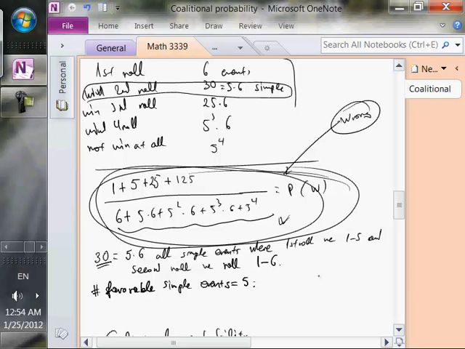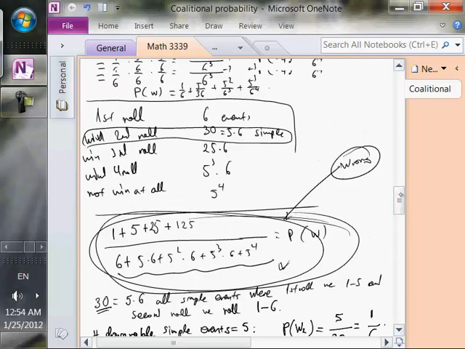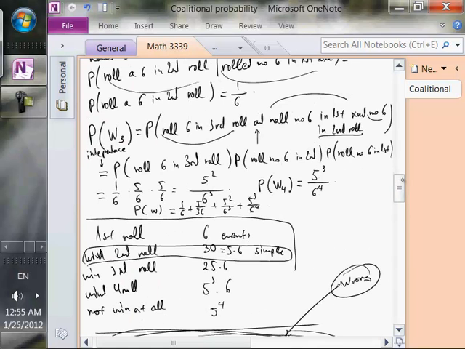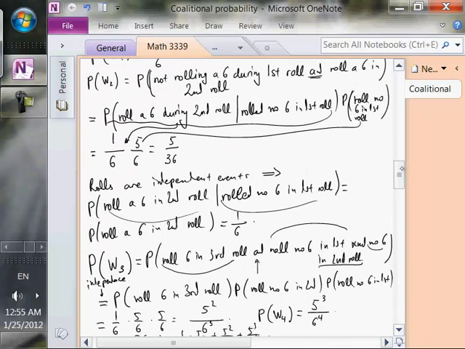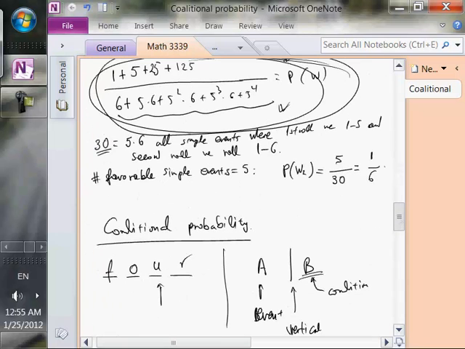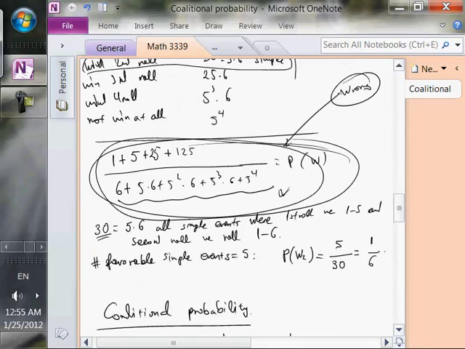And then we calculated with this the probability to be 5 over 30, and if you simplify, this is 1/6. However, when we calculated the probability here, we found 5 over 36. So what is correct? 5 over 30 or 5 over 36?